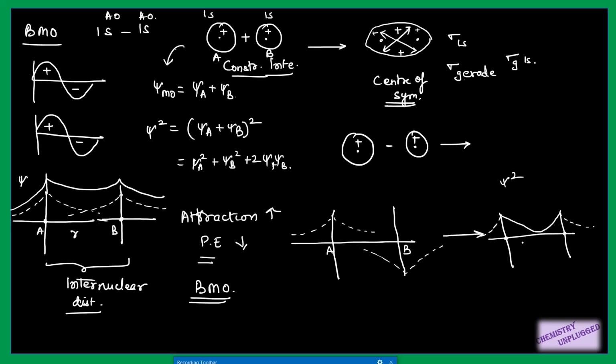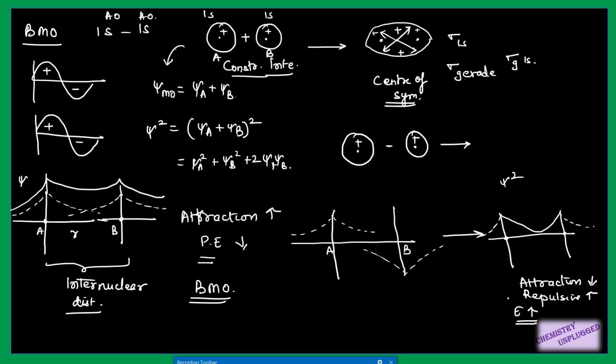So there is a net decrease in the electron density, meaning the attraction force felt by the nuclei will be decreased, right? When there is a decrease in attraction force, the repulsive force between them will increase. So net repulsion increases, meaning the energy of the system increases.